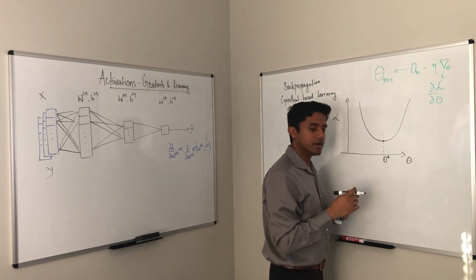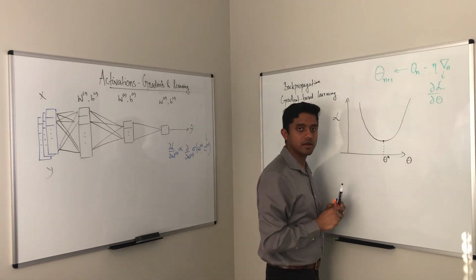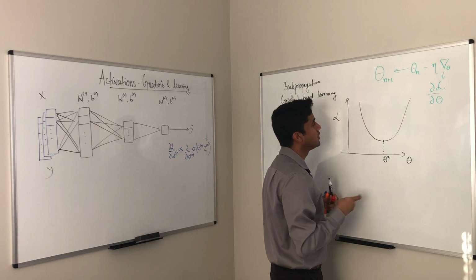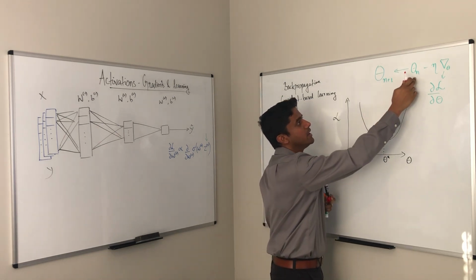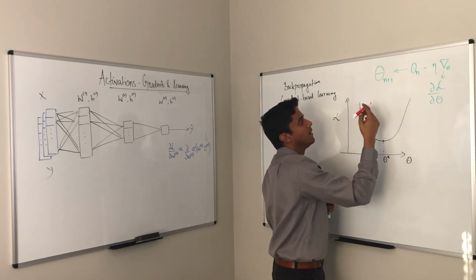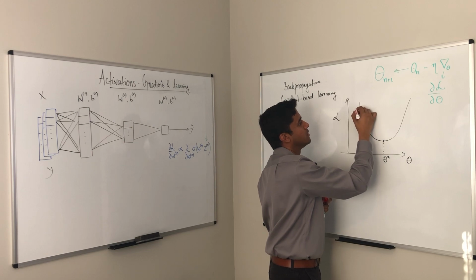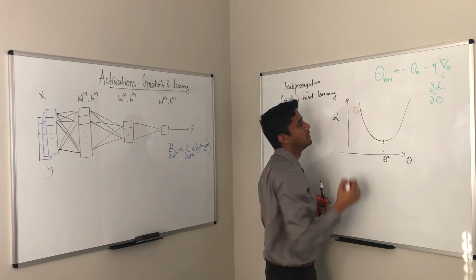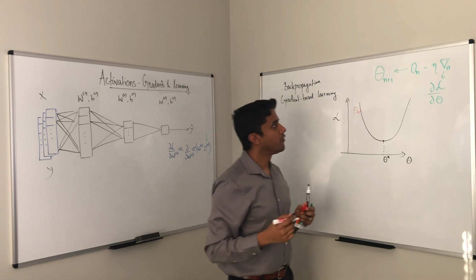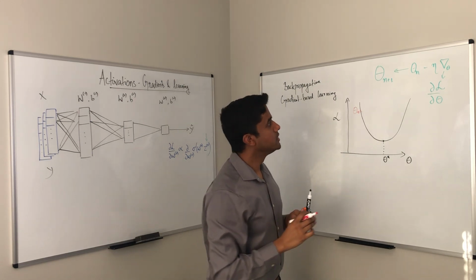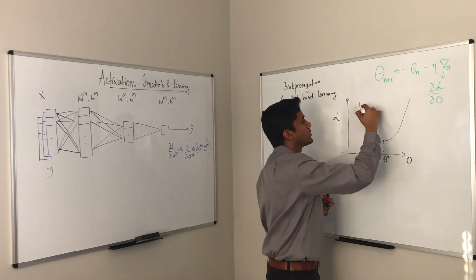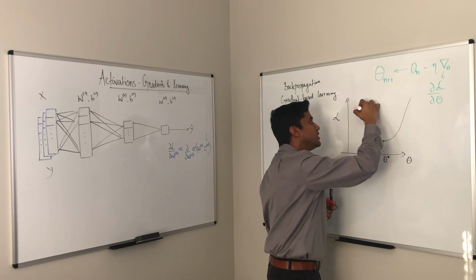When we do the learning, I'm going to use another color here. During any learning iteration, suppose I am here, say this is my theta n. From here, this gradient is essentially the slope at this point.